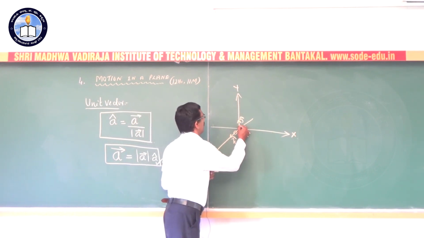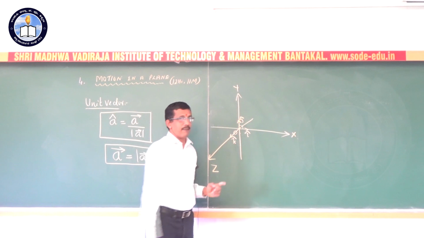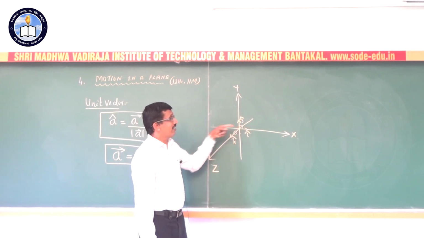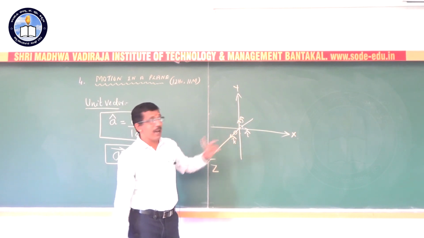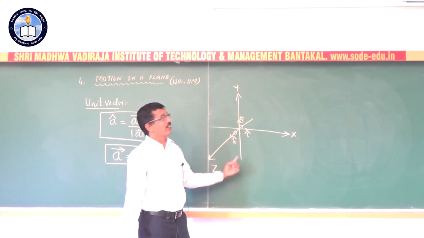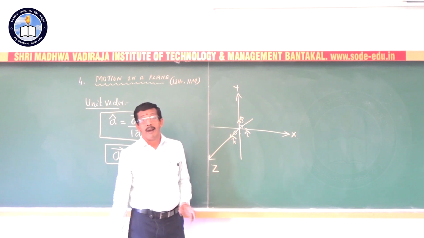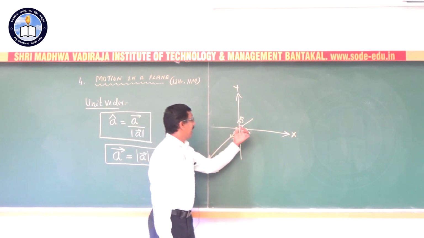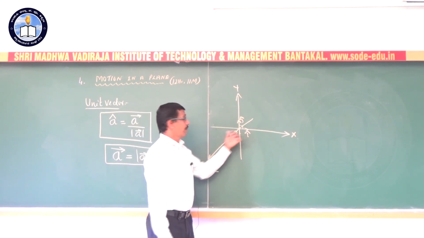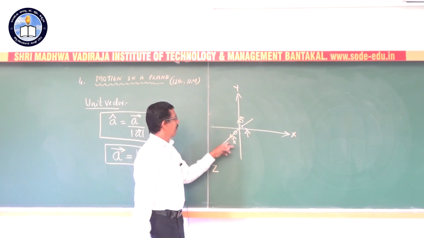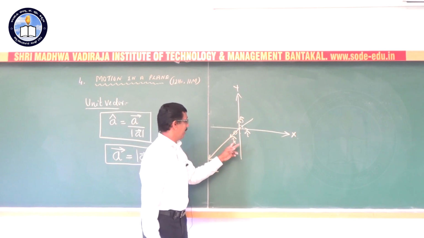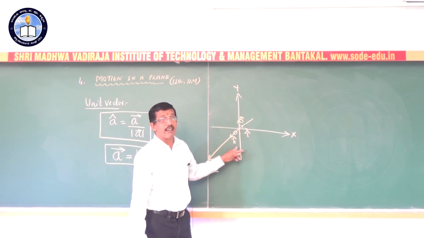The angle between them is 90 degree. The positive x-axis direction is represented by the unit vector i cap. Positive y direction is represented by j cap, and in case of three dimension, positive z or outward direction is represented by the unit vector k cap.